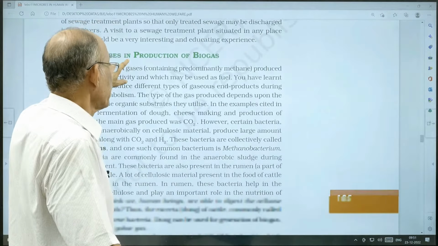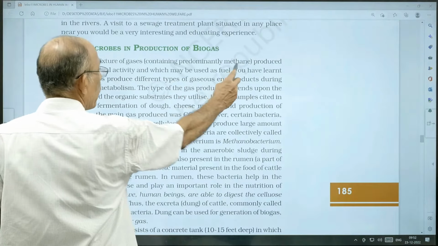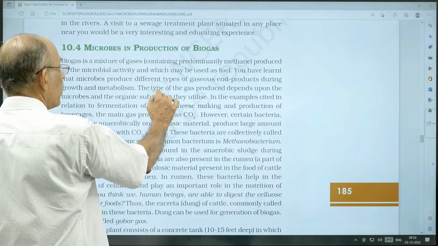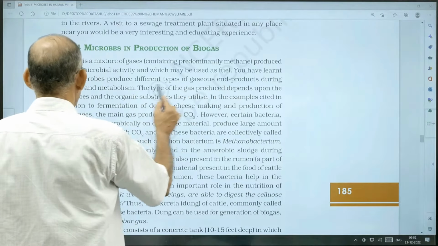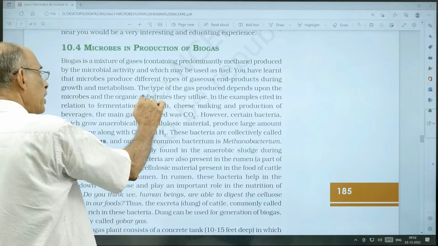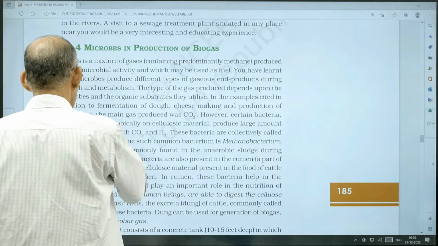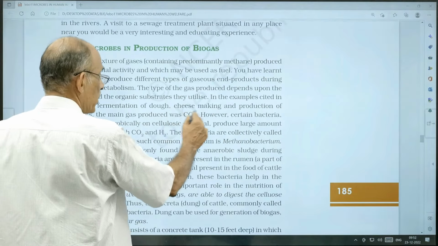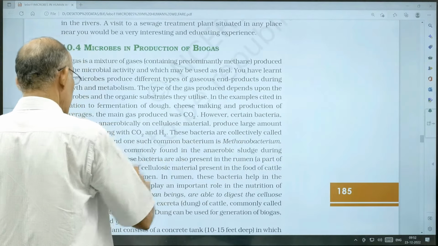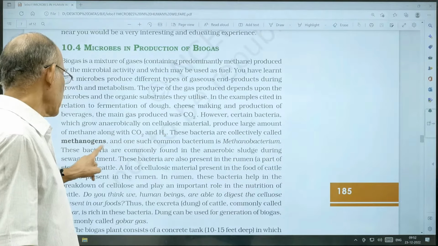And biogas. The main point is that it is a mixture of gases containing predominantly methane, and the type of gas produced depends upon the microbes and the organic substance being used. Carbon dioxide is produced during beverage production, dough, and cheese making industries, etc. Some bacteria growing on cellulosic material produce methane, carbon dioxide, and hydrogen.